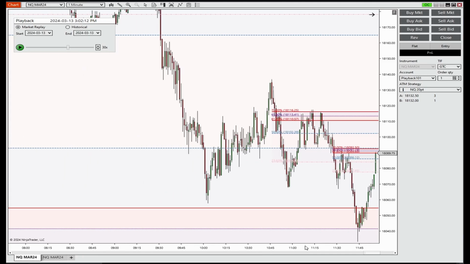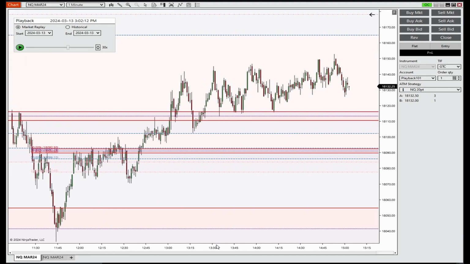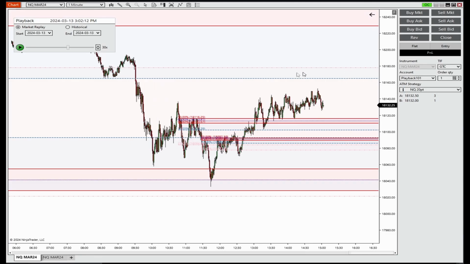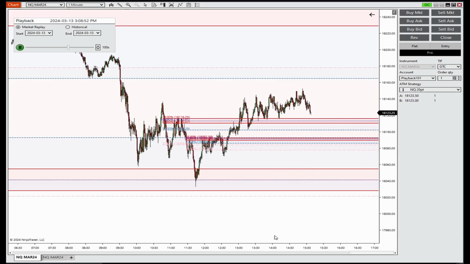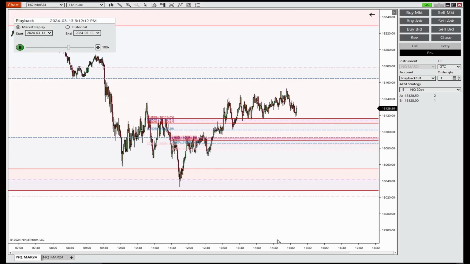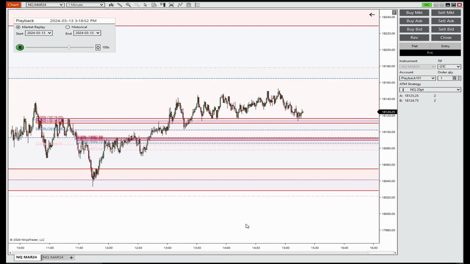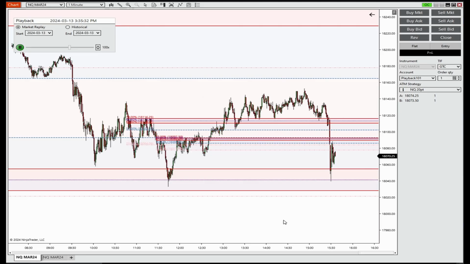All right, give the people what they want, apparently. Let's see what we end up doing. Does it run to the 23.6? 180. Let's go. Nope. Mitigated. Right back in.